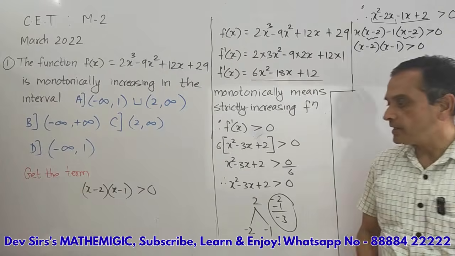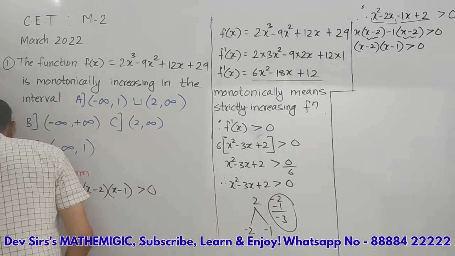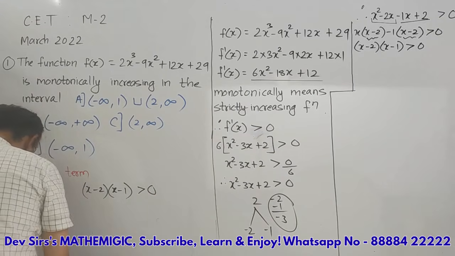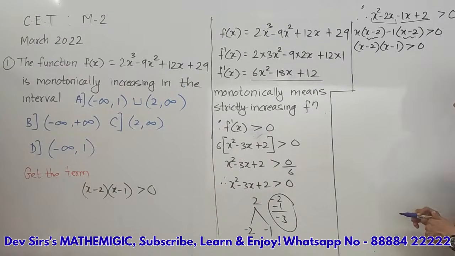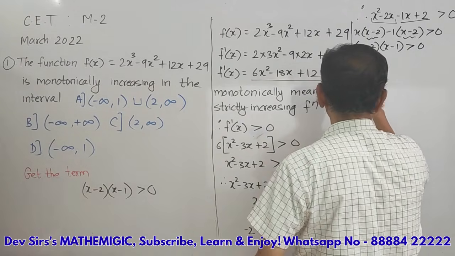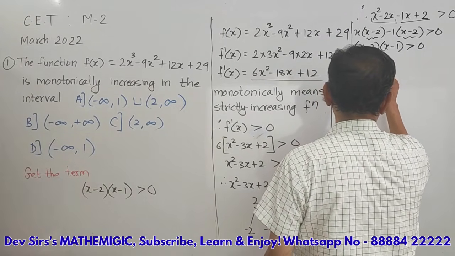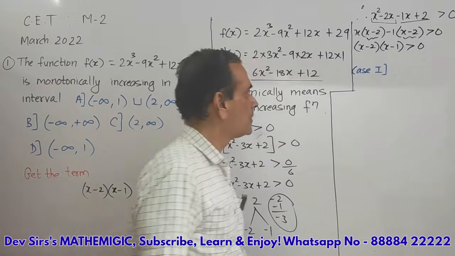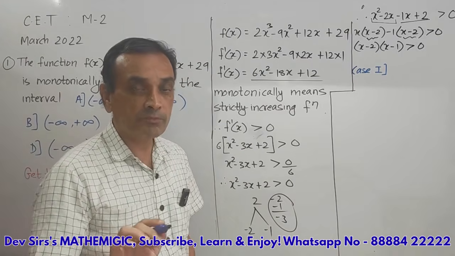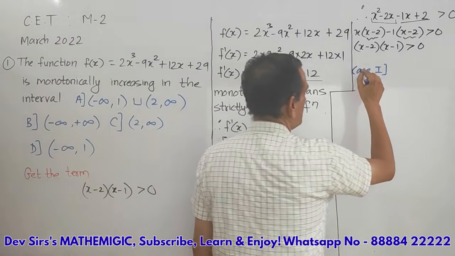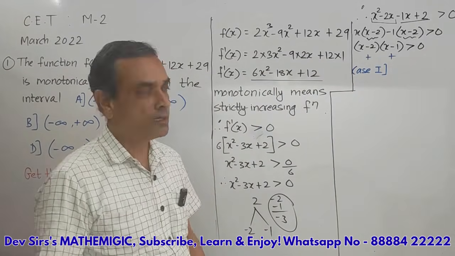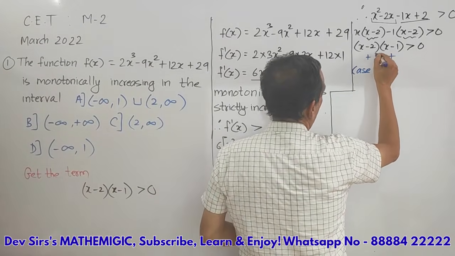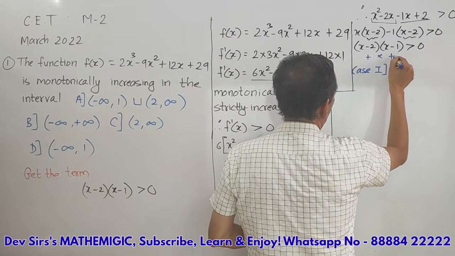Now how do we go about it? See, when two brackets are greater than 0, case 1: both brackets are positive. Here plus plus. What does positive mean? Both brackets are plus because this into this, plus into plus is plus.